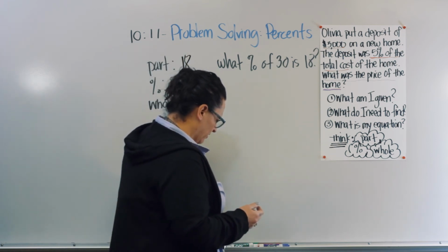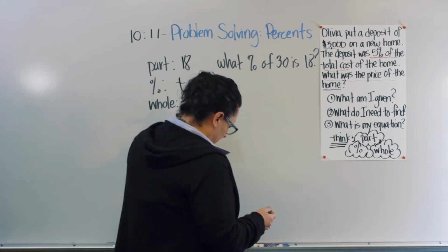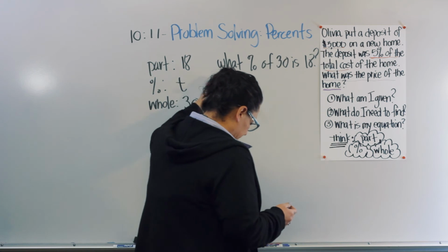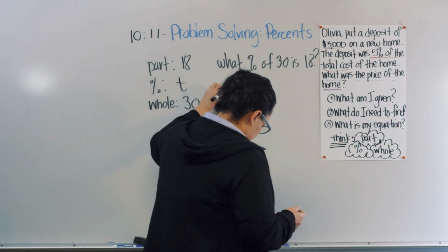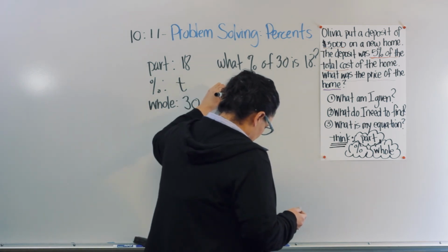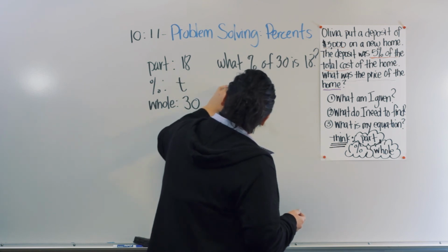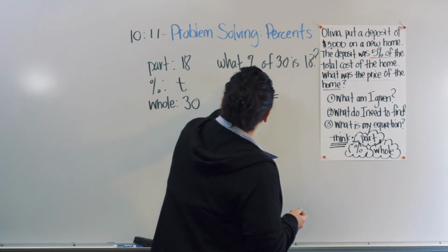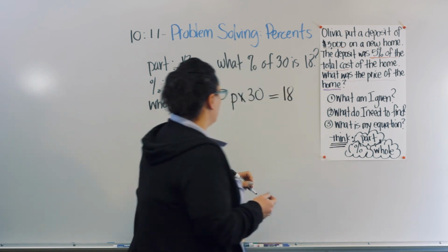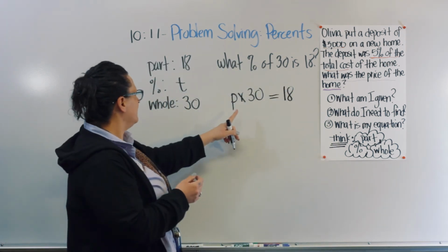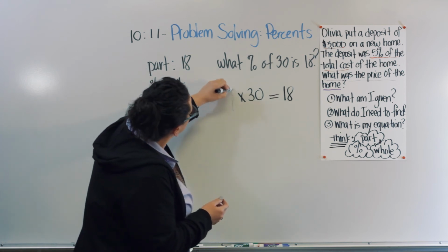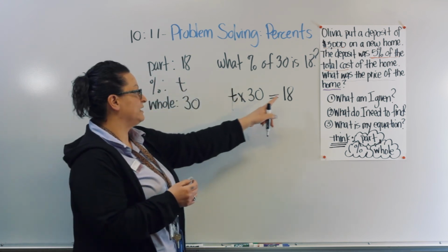So we are going to write, not P, T, sorry guys, T, times 30 equals 18.